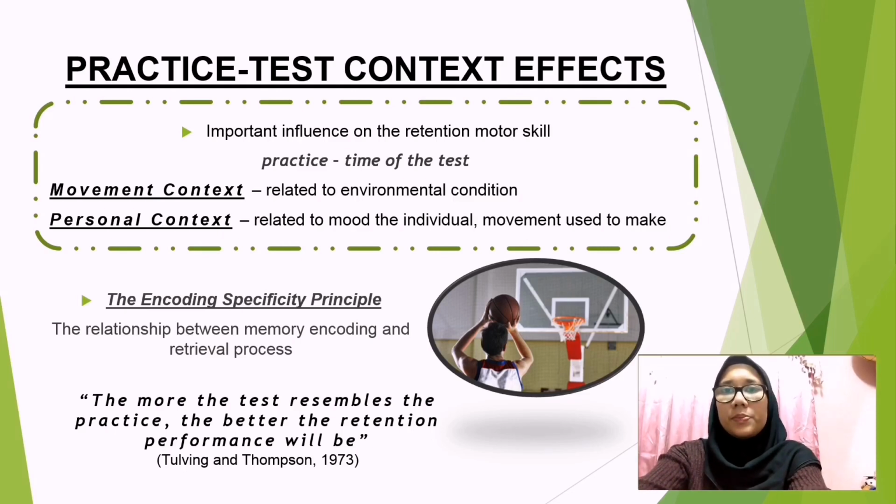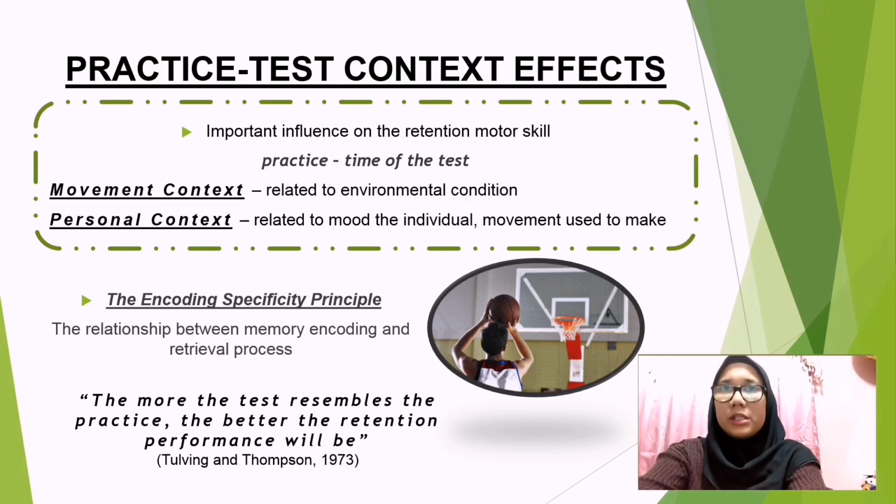The encoding specificity principle is an important point to consider regarding the influence of movement context on remembering or learning a motor skill. It is the relationship between practice and test, especially in closed motor skills.